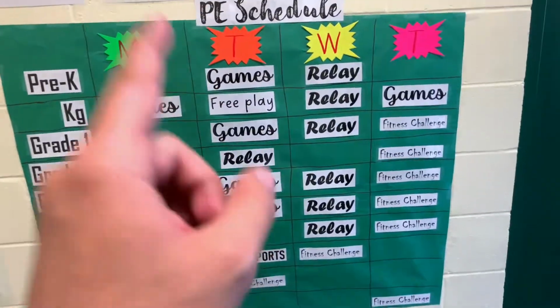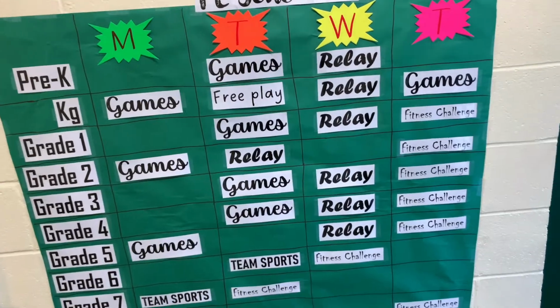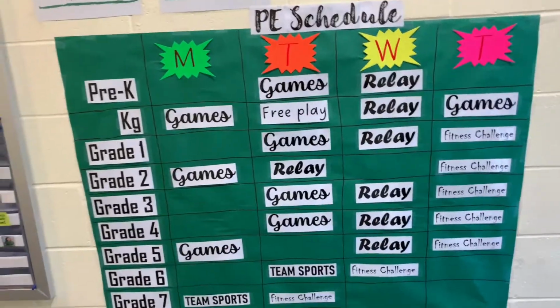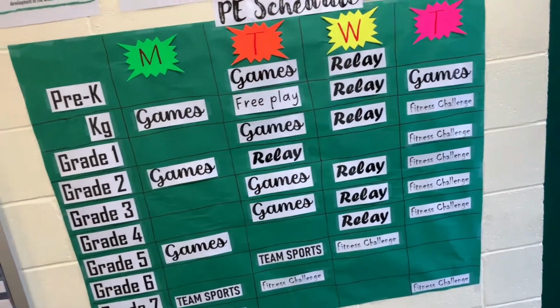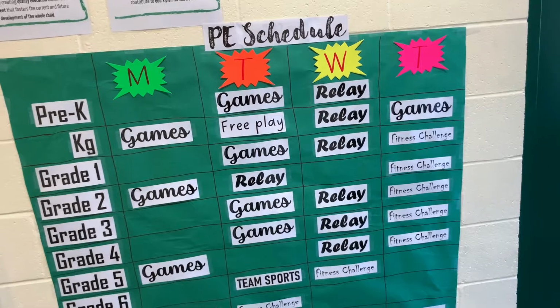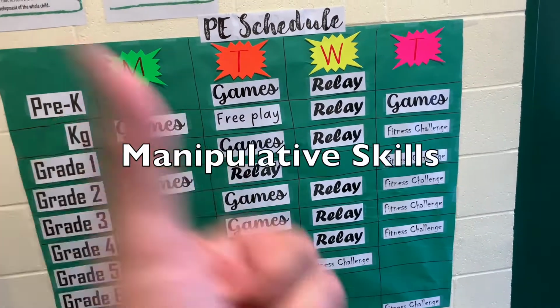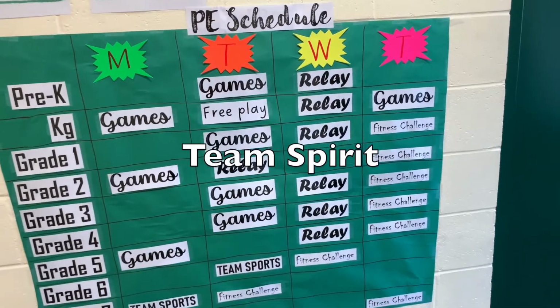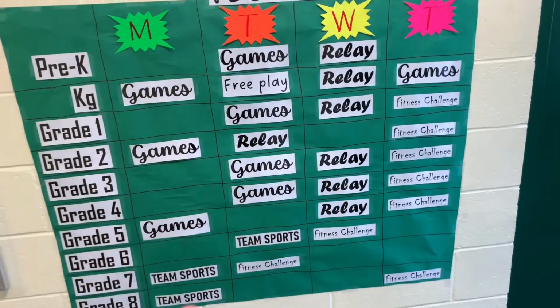As per the example for the relay, we all know that this is a race kind of game, and this is also preparation for sports day or field day. We can have everything as long as it has something to do with manipulative skills and team spirit. Of course, the very basic sock race, the spoon and lemon race.